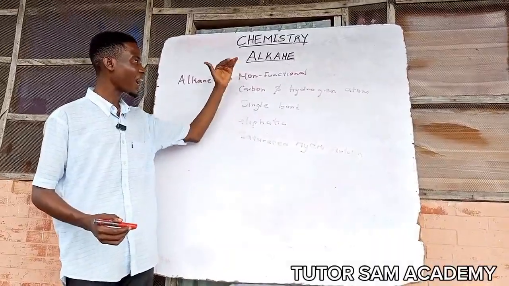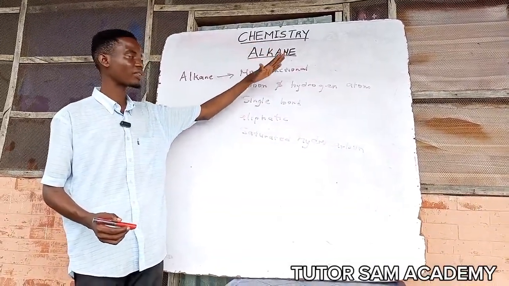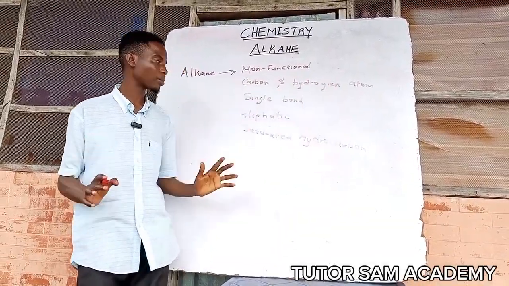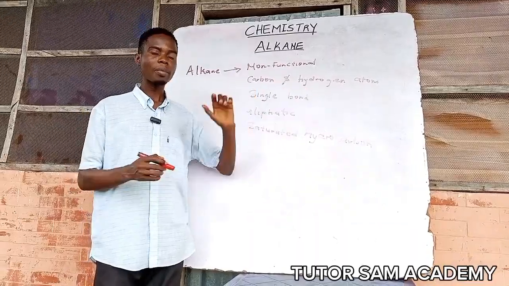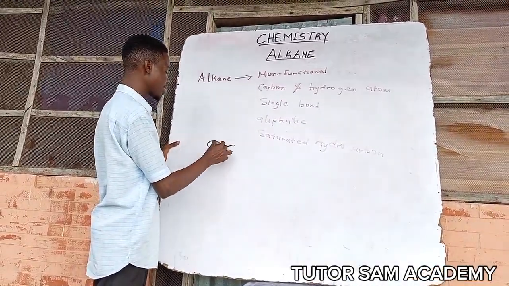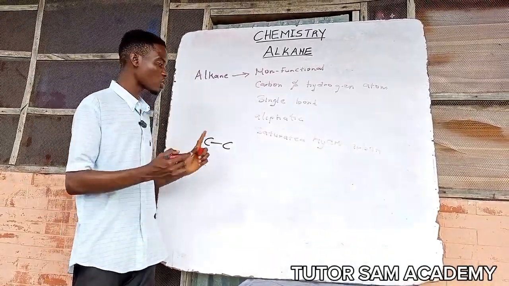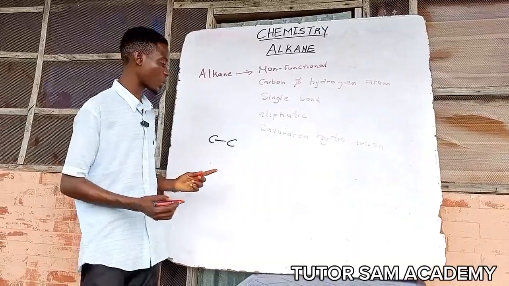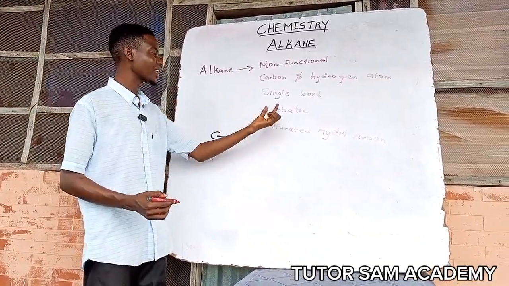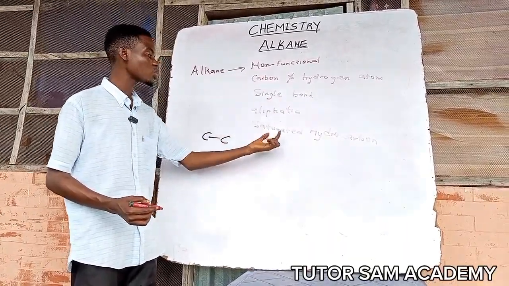Whenever you're talking about alkane, they don't have a functional group. They have carbon and hydrogen atoms, that is, they are hydrocarbons. They have single bond. When I mean single bond, I mean that between each carbon to carbon, there is only a single bond. There are some unsaturated hydrocarbons that have double bond, but in alkane, they have a single bond. They are aliphatic, and finally, they are saturated.